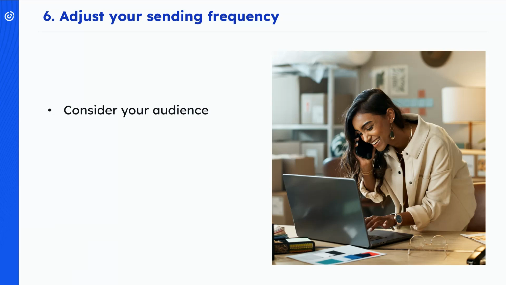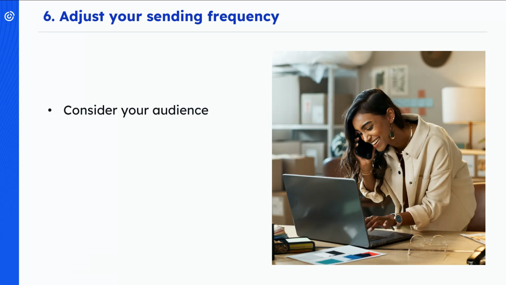As you're getting started, you can try a few different days and times and see when your audience is taking the most action. If there's a time of day when you're getting a lot of sales, seeing a lot of event registrations, or hearing from your readers, then that would be a good day and time to send moving forward. But you want to make sure to keep it consistent.